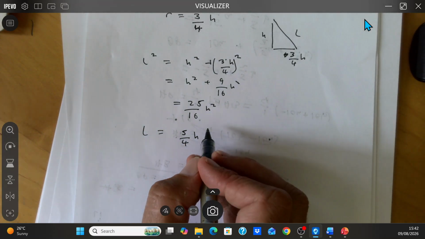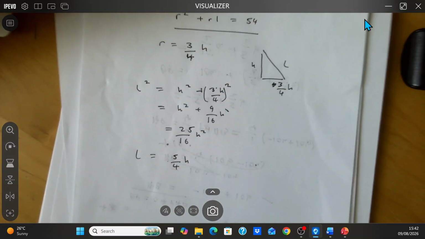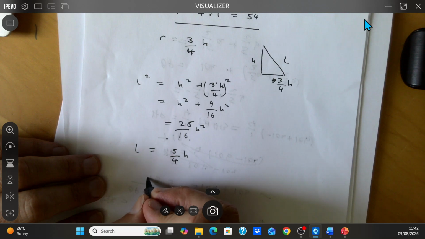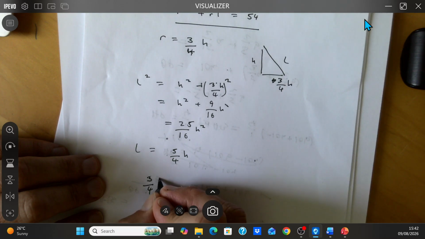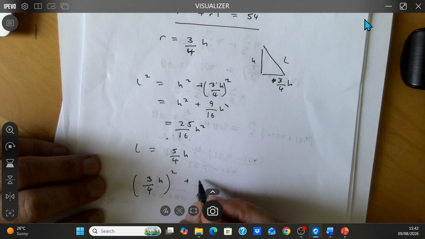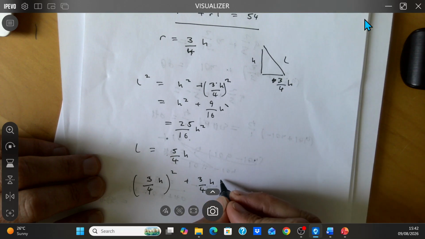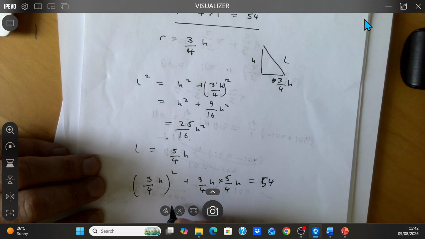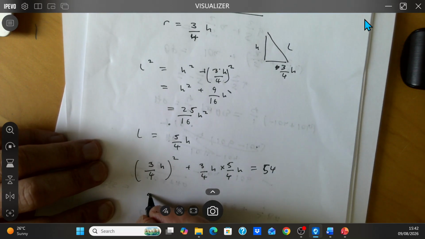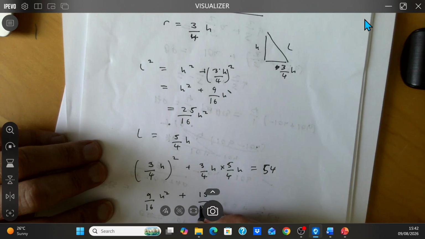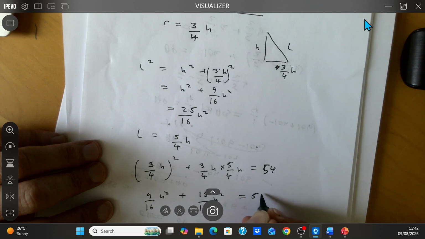So if we now go back into our original equation using our values for h's, we have r squared, which is 3/4 h squared, plus 3/4 h times by 5/4 h. We know that equals 54. So that gives me 9/16 h squared plus 15/16 h squared equals 54.